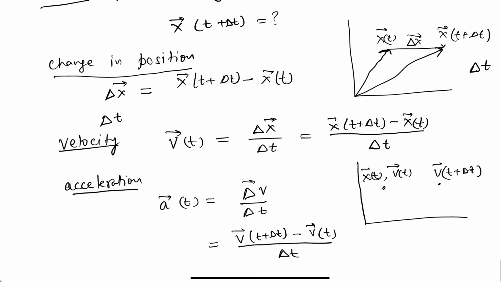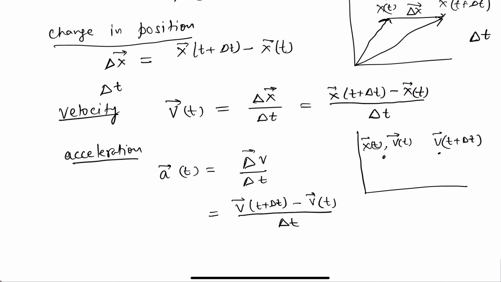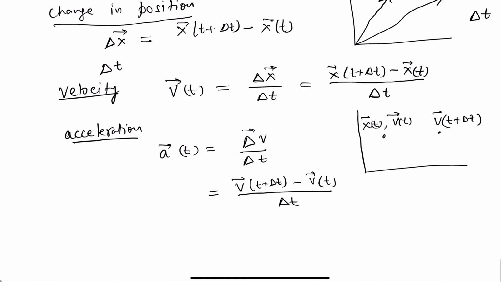Till now we have only defined the quantities which we will use to describe the motion, but we haven't actually talked about how the motion changes, right? So the particle is moving, but why is it moving, and what causes it to move?